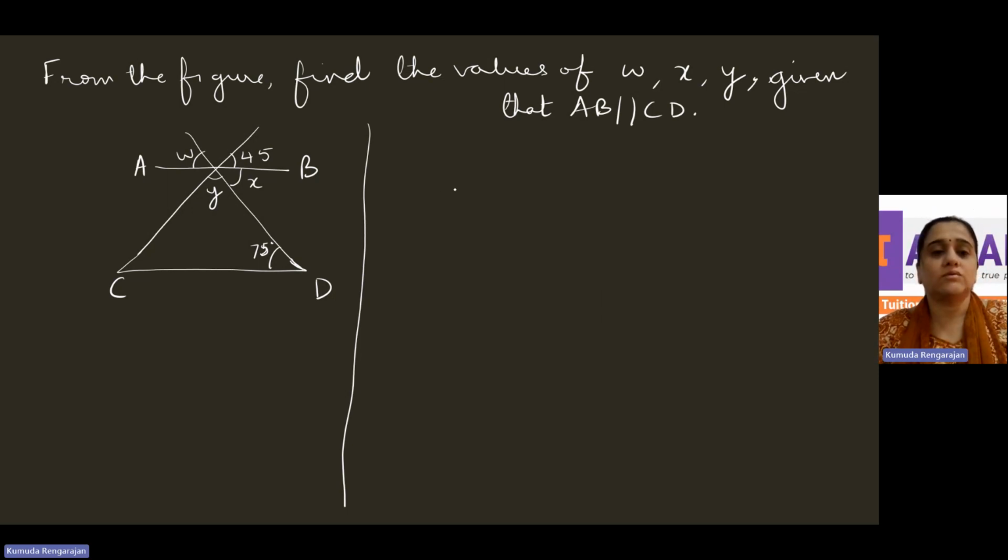Listen. From the figure, find the values of W, X, and Y. W, X, and Y are angles. You need to find the measures of W, X, and Y, given that AB is parallel to CD. Now we have two angles here, 45 degrees and 75 degrees. Using 45 and 75, we have to find the values of X, Y, and W.